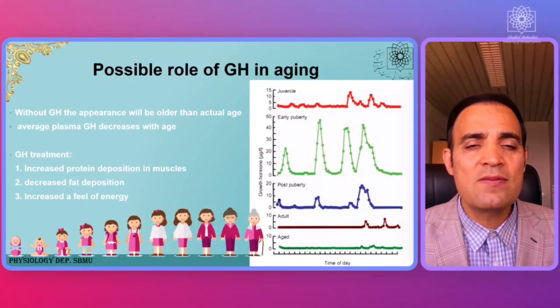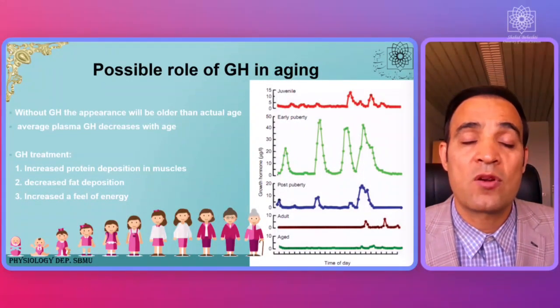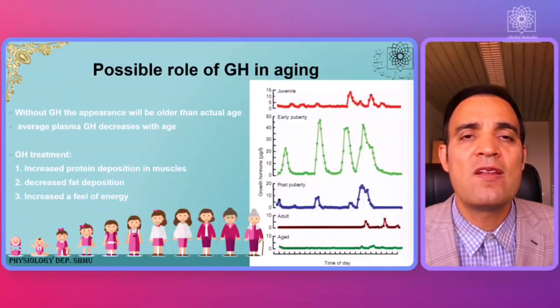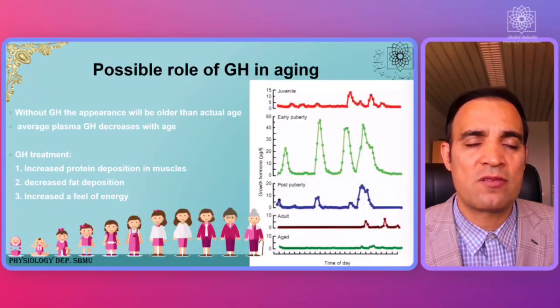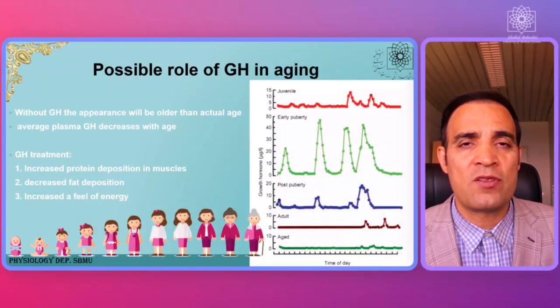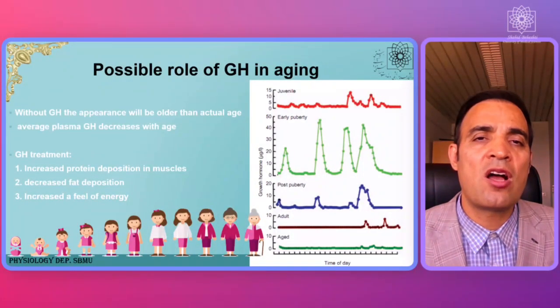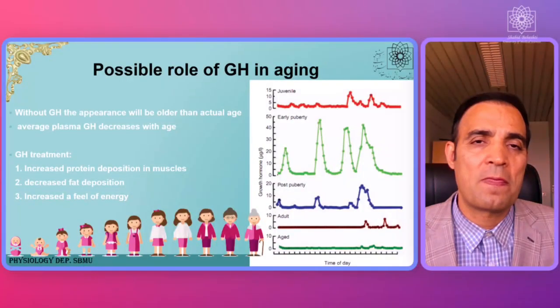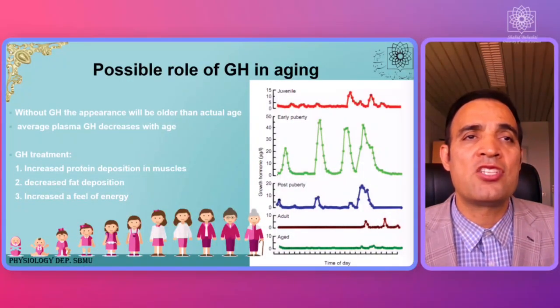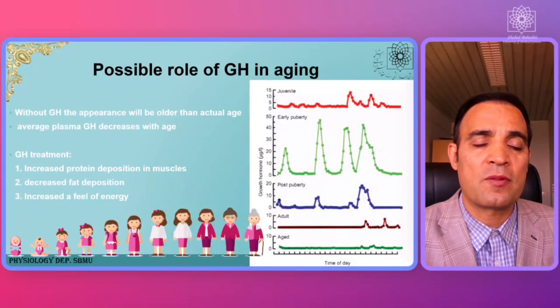But these figures show that, for example, those who have growth hormone deficiency will have an aged appearance. On the paradoxical view, those who have growth hormone will live longer, and their ultimate aging may be postponed.